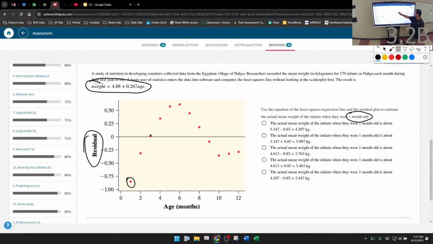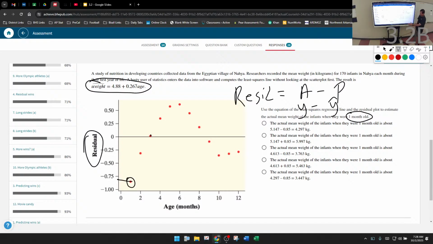But you do know that the residual is equal to the actual minus the predicted, or it's y minus y hat, whichever way you want to do that, okay? So what I'm going to do is plug in 1 into that equation and get weight hat, which is y hat. That's my predicted. I don't know the actual, because that's what they asked for, but I know the residual, because the residual over here looks like maybe negative 0.9, negative 0.8.